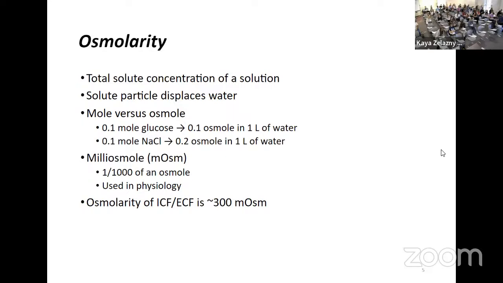So to do that, we usually measure this in milliosmoles. To find those out, if you have something that's covalently bonded, so like a molecule of glucose, it's all one thing, doesn't separate out in water in any particular way. You can go 1 mole of glucose, going to be 0.1 osmol if we're in a liter of water.